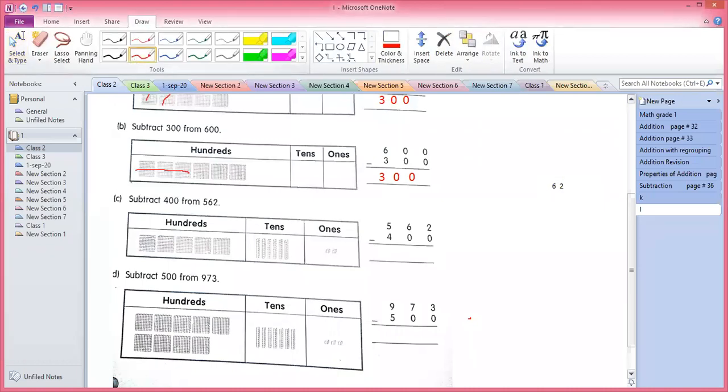Okay, I take this. This is 1, 2, 3, 4. So I should cut it from here up to here. So how many hundreds are left now? Only 1. 4 are cut. How many are left? 1. So I'll write 1.